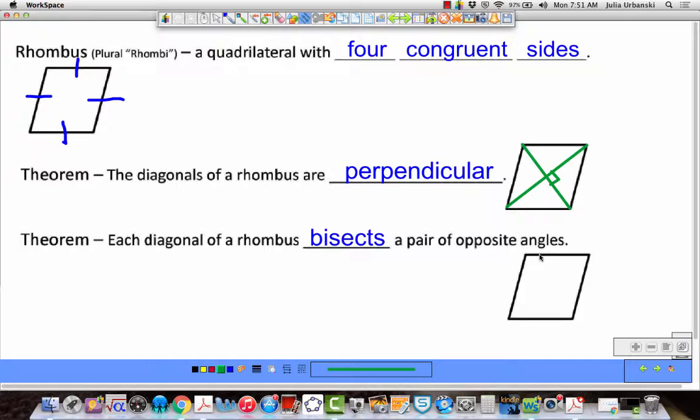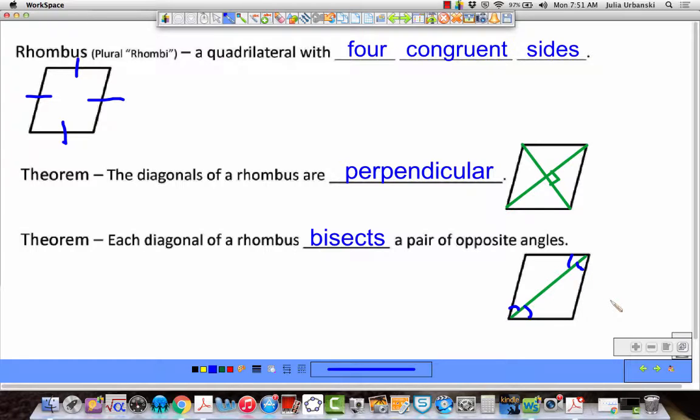And also, each diagonal in a rhombus bisects a pair of opposite angles. So yes, they bisect each other, but look what else happens when you have a rhombus. Draw this diagonal, and it cuts each angle in half. This half is equal to that half, and this half is equal to that half. It happens for the other diagonal as well.